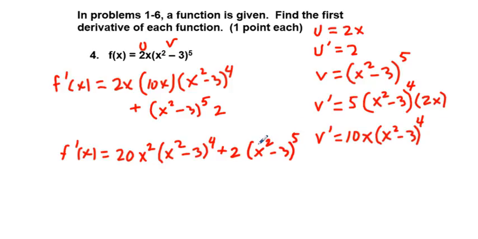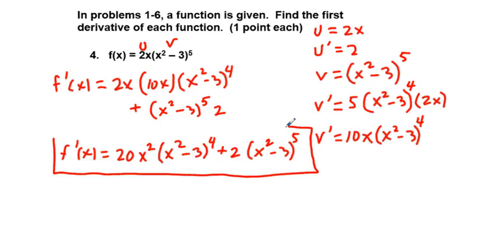Now this seems like it might be a little involved, but trust me when I tell you that this is a lot better than if you'd expanded out and done all this individually.